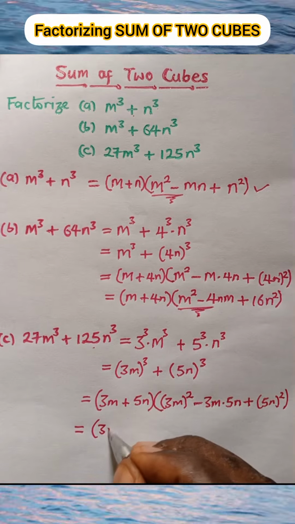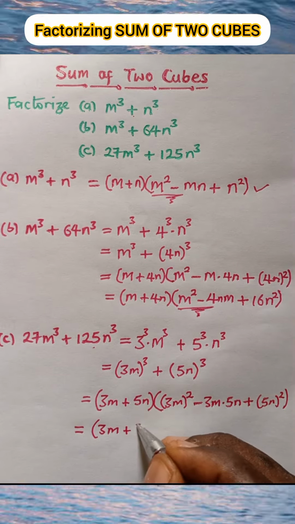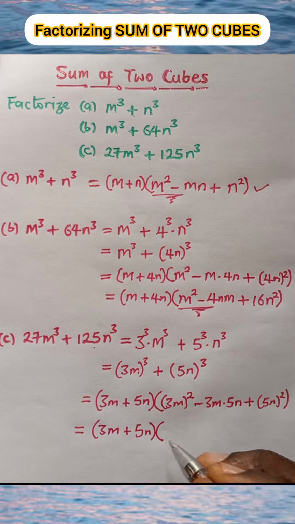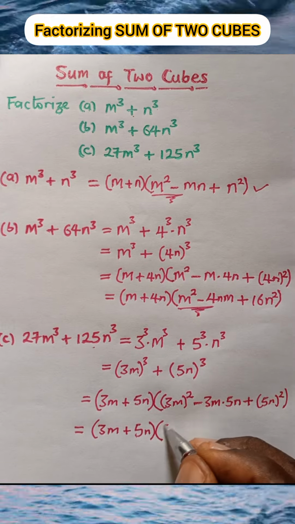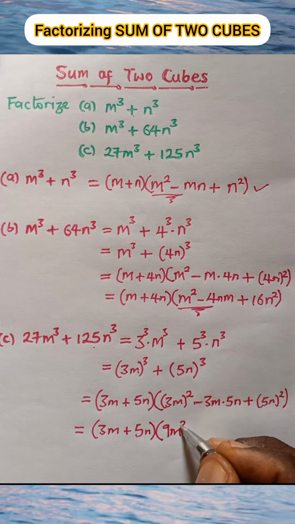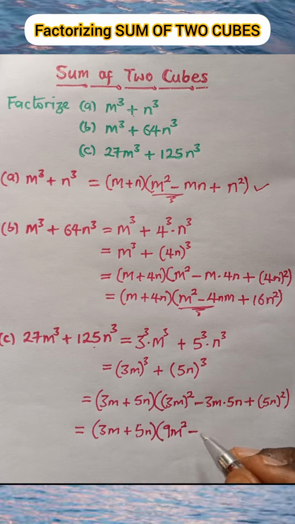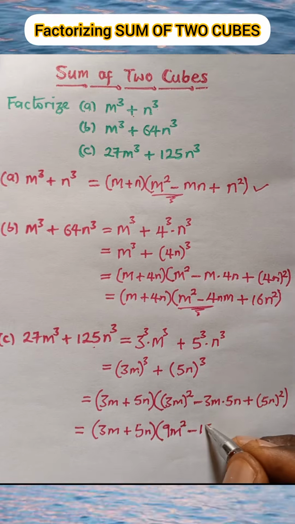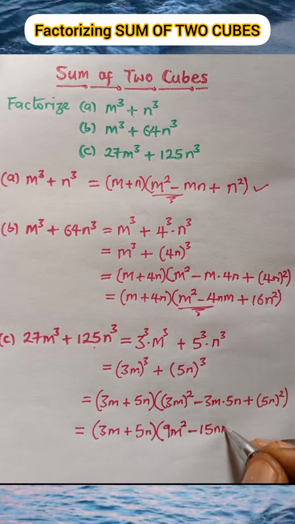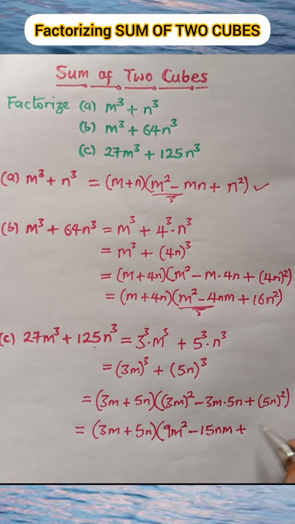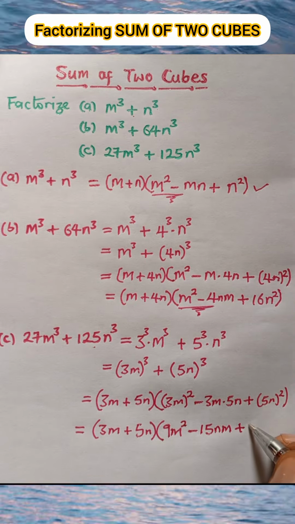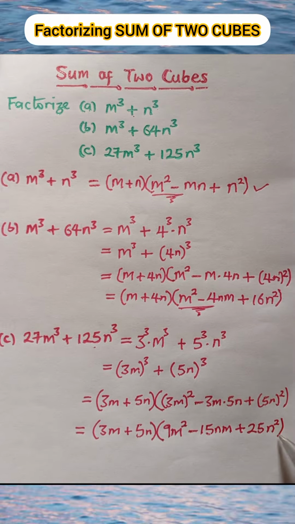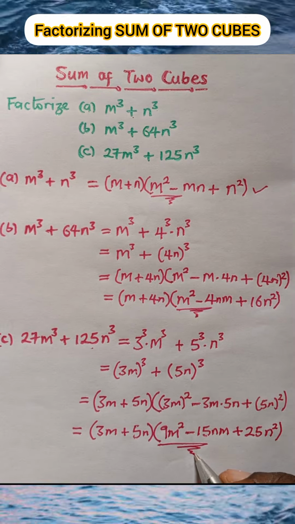We have 3m plus 5n in one bracket, then 3 square is 9, so that we have 9m square, minus 3m multiply 5n is 15mn, plus 5 square is 25, so we have 25n square. This now is the answer to number C.